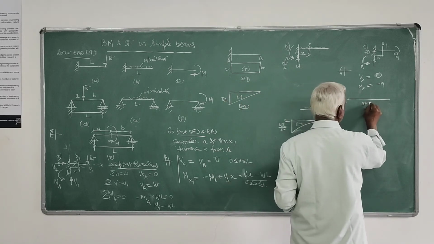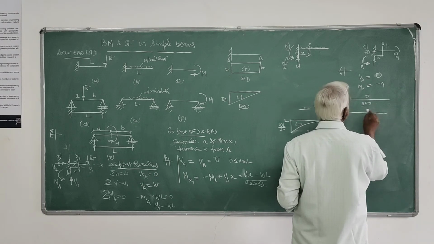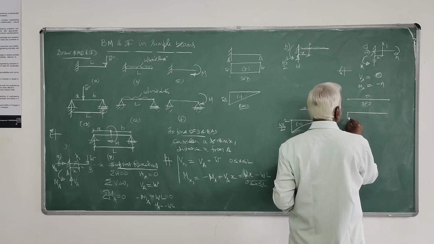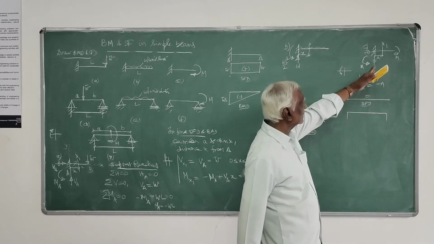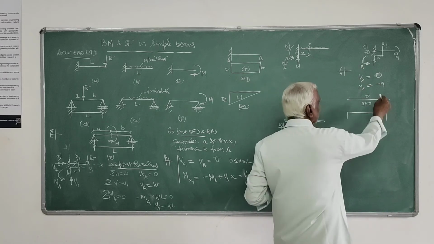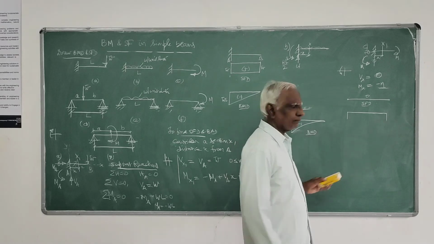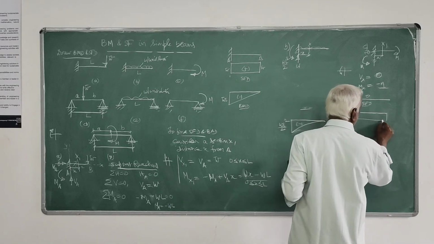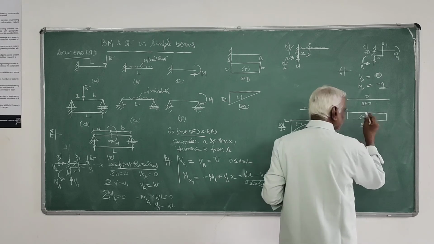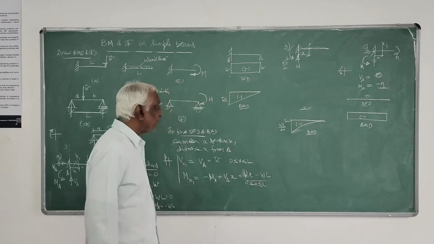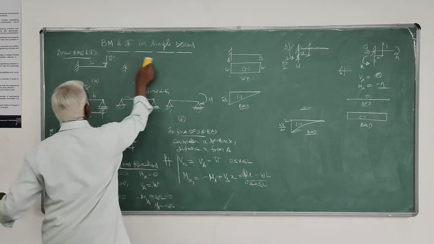The shear force diagram is 0, and in the bending moment diagram, here it is minus M, and here again minus M only. It is minus M, y equals c form, a constant from here to here. You have to be very careful with moments. So that particular part is over.